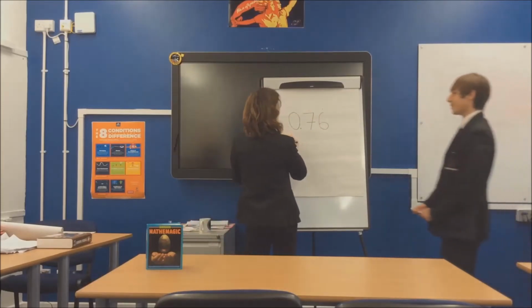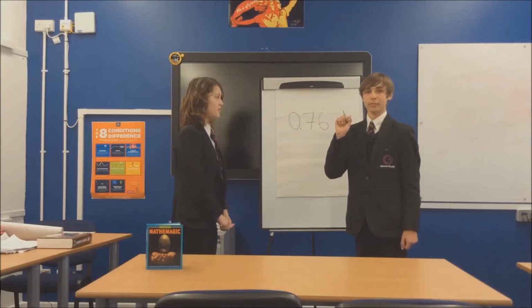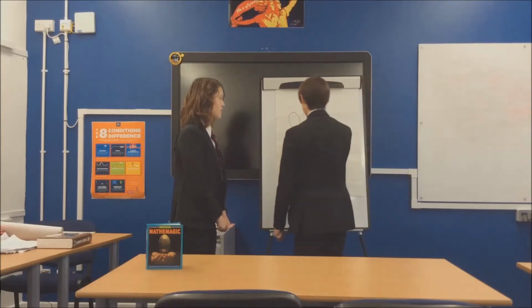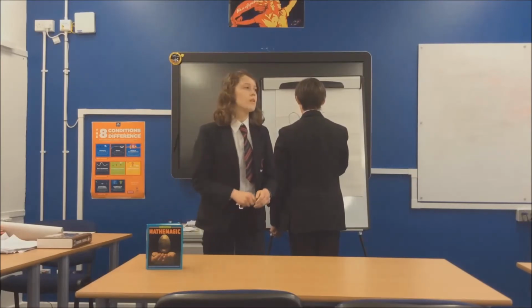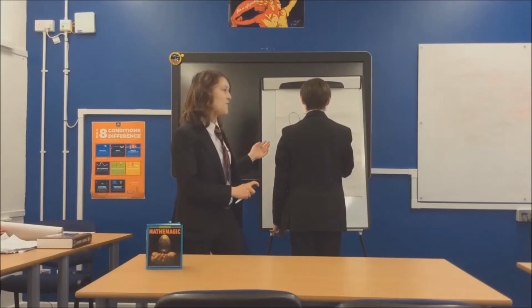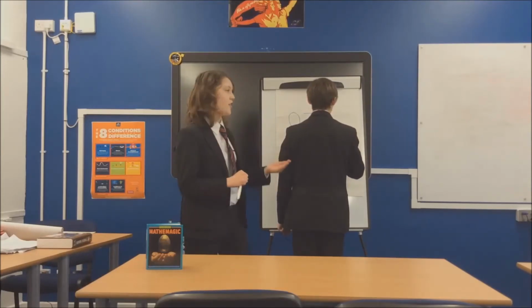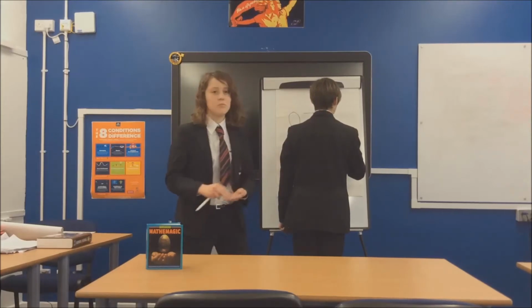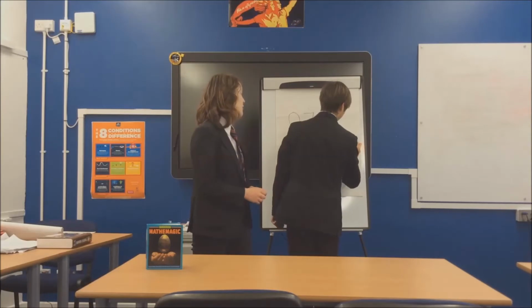I will write that down in red to differentiate it from the others: 0.76 recurring. So that is what a recurring decimal is. It's just a decimal which has recurring numbers, and it can have many different digits recurring in a sequence, or it can just have one.